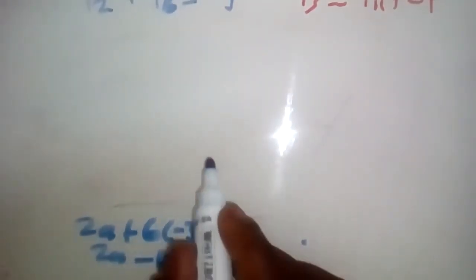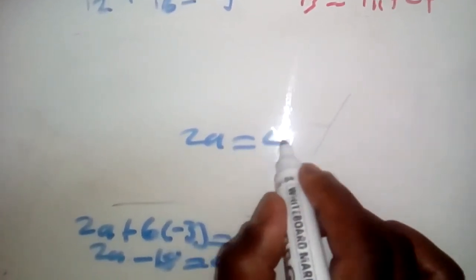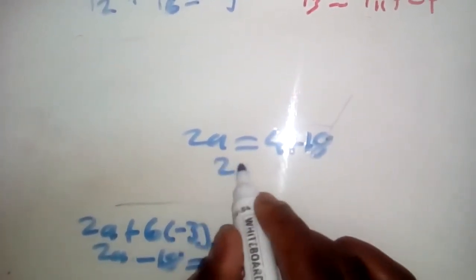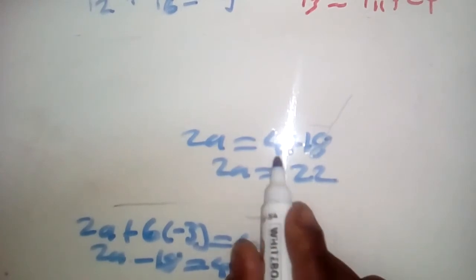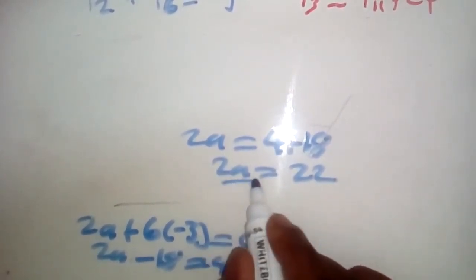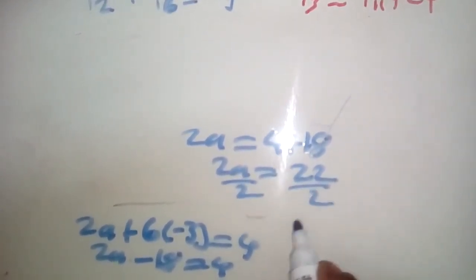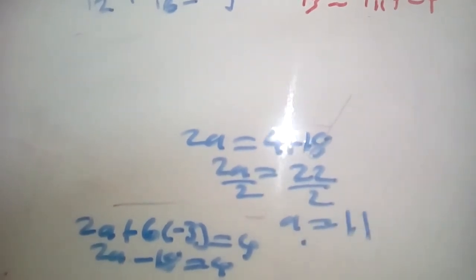You take this to the other side, so 2a is equal to 4 plus 18. So 2a is equal to 22, and then divide both sides by 2. It means our a is equal to 11.